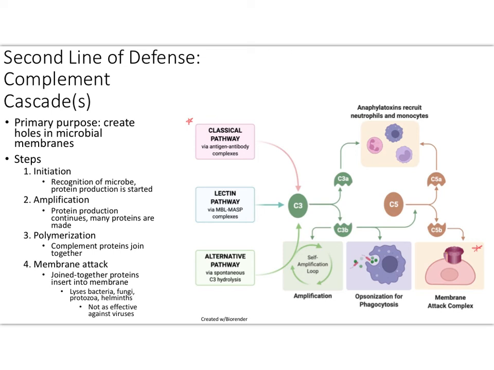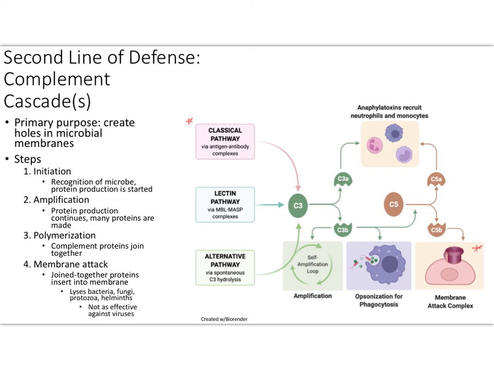What happens here is that this MAC, this membrane attack complex, inserts itself into the cell membranes of microbes. Whether that microbe is a worm, a protozoa, a bacteria, or a fungus, it may even work on enveloped viruses. But basically what ends up happening is it creates a situation as if you were sticking a pin into a balloon.